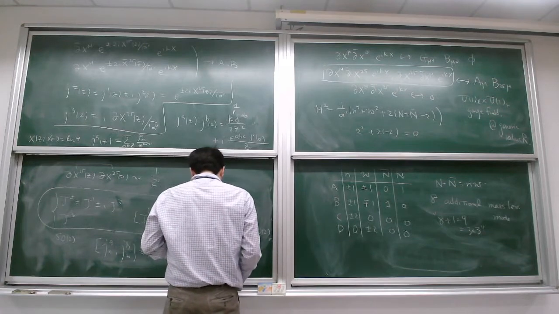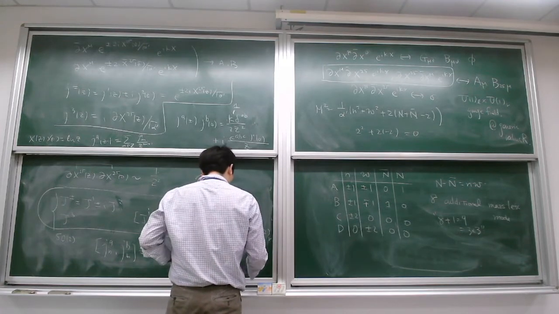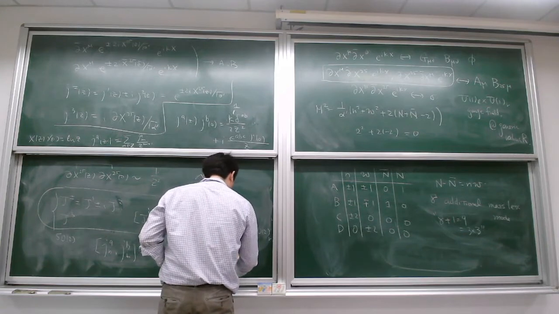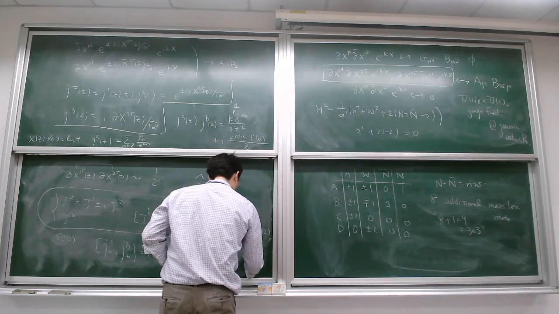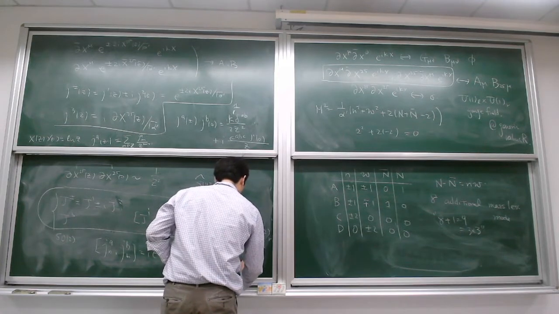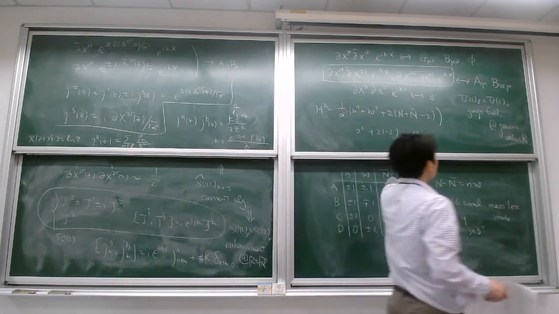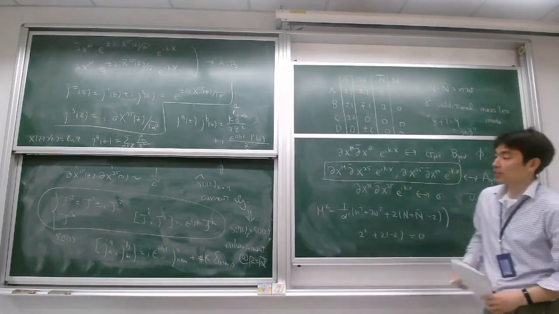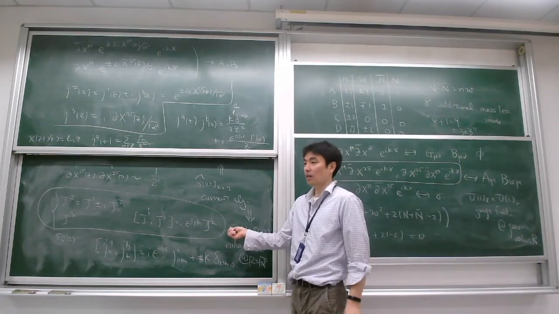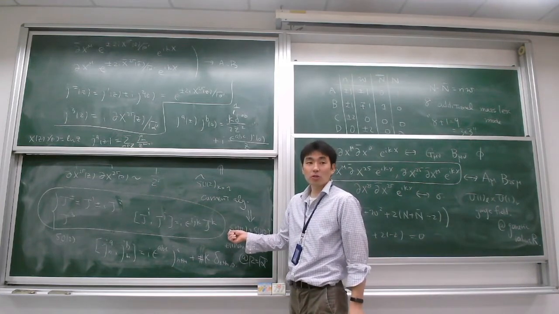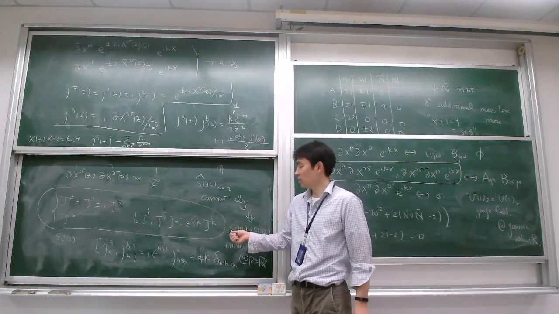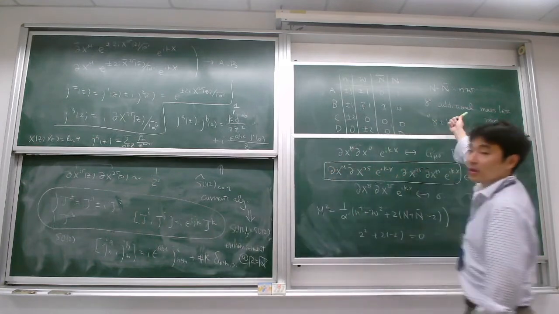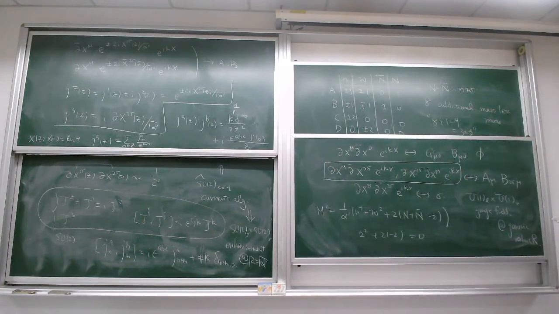That will indeed happen, so the gauge field is enhanced at circle radius equal to the self-dual radius. Now you can easily see, what is the dimension of SU2? 3. 3 times 3 is 9. That's what I meant here.